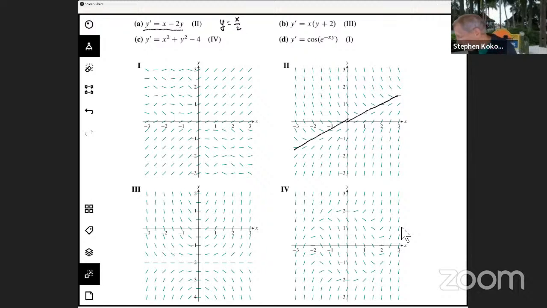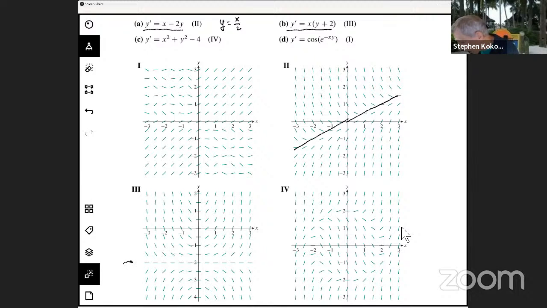We're going to look at B. Here's what I saw over here in B. I saw a product, and I thought, well, how do I make that product zero? The only way to do that is if one of the factors is zero. So that means if x is zero or y is equal to minus 2, the derivative is going to be zero. So I'm looking down here at slope field 3.